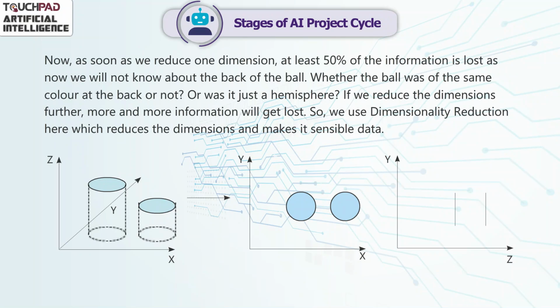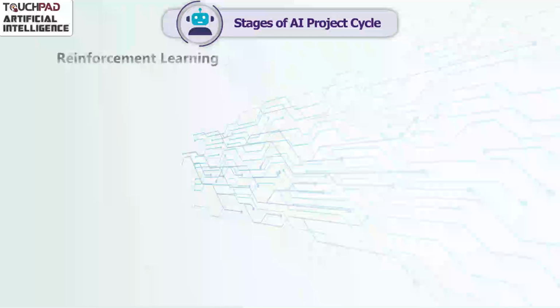Now, as soon as we reduce one dimension, at least 50% of the information is lost, as now we will not know about the back of the ball, whether the ball was of the same color at the back or not, or was it just a hemisphere. If we reduce the dimensions further, more and more information will get lost. So, we use dimensionality reduction here, which reduces the dimensions and makes it sensible data.